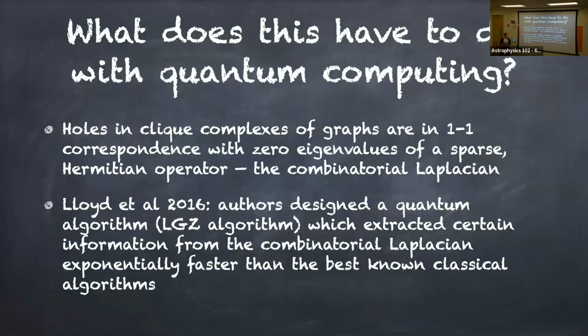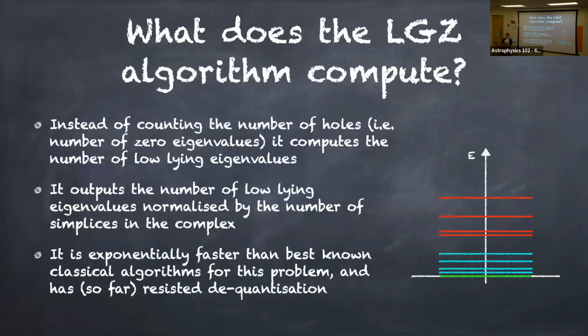But what information does this algorithm actually extract? This algorithm doesn't count the number of holes, or the number of zero eigenvalues of the combinatorial Laplacian. Instead it computes the number of low-lying eigenvalues. You can see I've got a spectrum graph here.